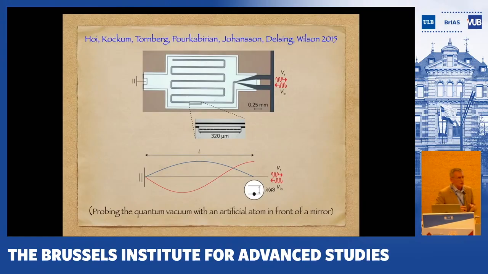Okay, good. The first reason why I thought that these are very interesting is that I was at a talk by chance, a talk by Per Delsing already 10 years ago. And Delsing was showing this very interesting experiment in which you have an artificial atom in front of a mirror. The mirror is shunted to ground somewhere. So you have the photon that propagates along the serpentine this way, and you feed the photon through this port. The photon arrives at the atom, and if it goes through the atom, it can be trapped in the serpentine.